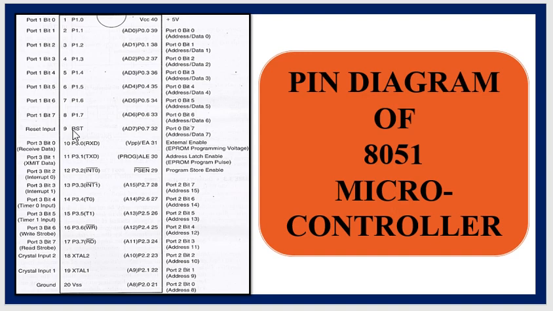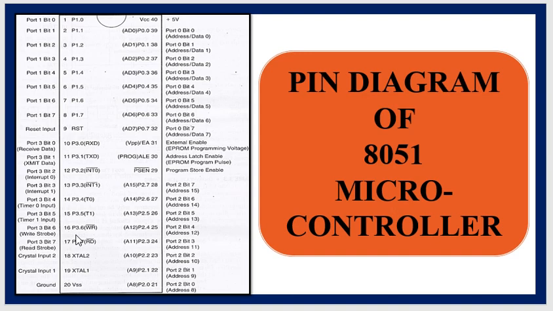Next, pins 10 to 17 are referred to as port 3 pins, where each of these pins can serve as input or output, and can be used for alternative functions.